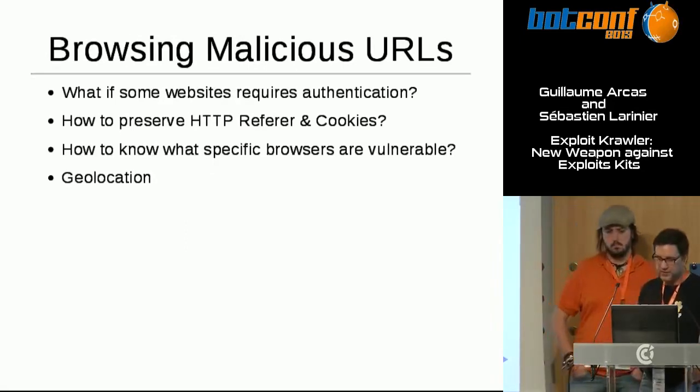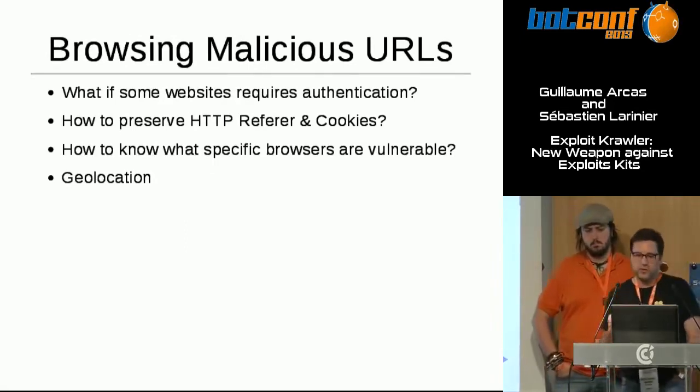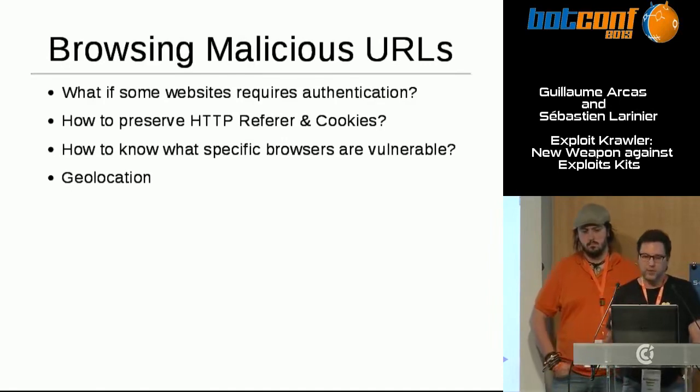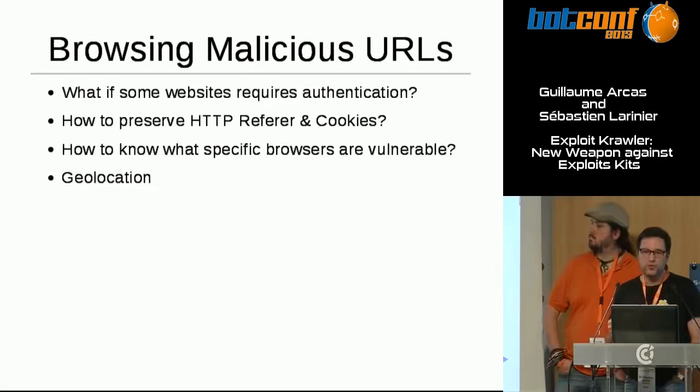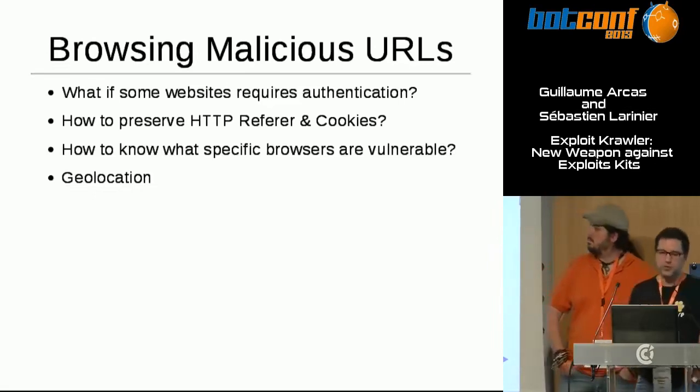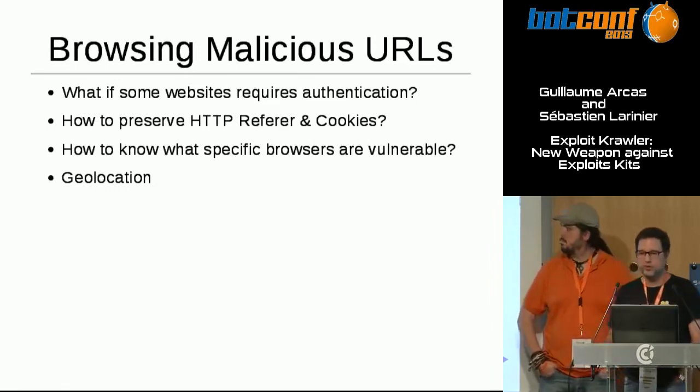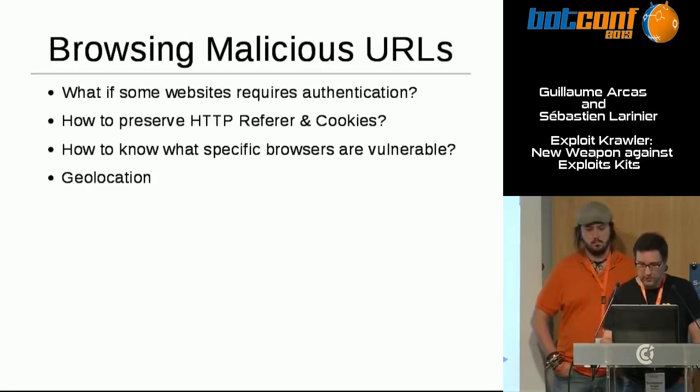So the next step is browsing all these malicious URLs. But what if some website requires an authentication like login, password? How to preserve the right HTTP referrer and cookies, and how to know what specific browsers are vulnerable to this kind of exploit, and what about geolocation?